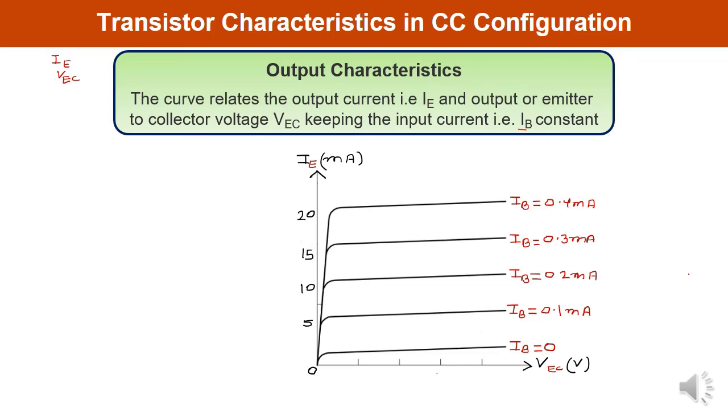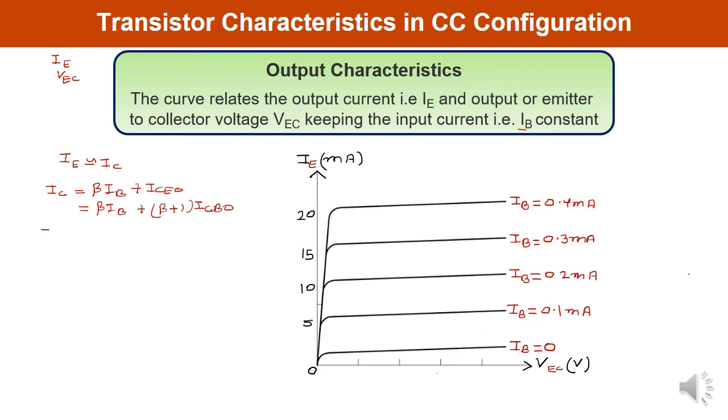As you can observe, you have drawn the output characteristic curve for the common collector configuration, and you know that the value of IE is almost similar to IC. This is because you know that IC is equal to beta times IB plus ICEO, or you can write it as beta times IB plus (beta plus 1) ICBO.